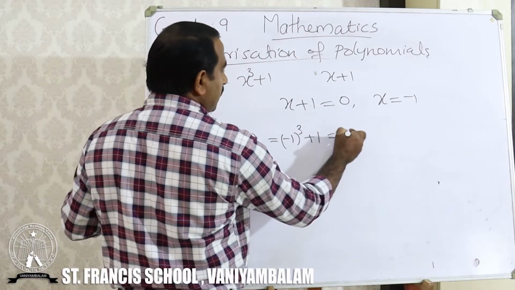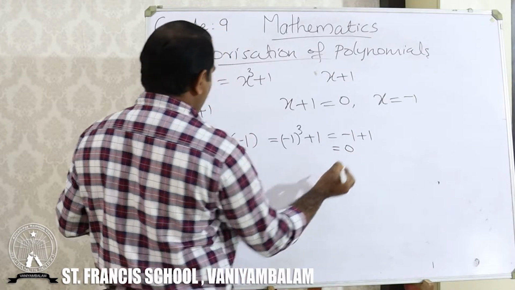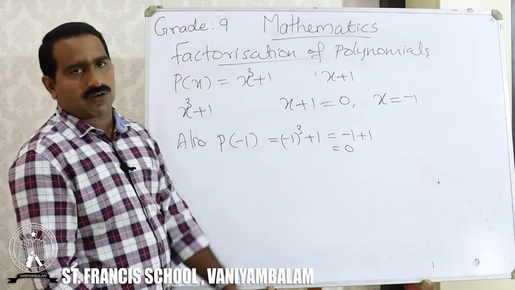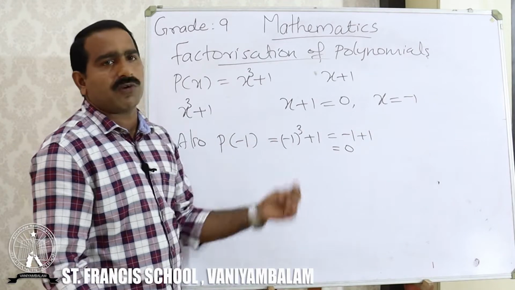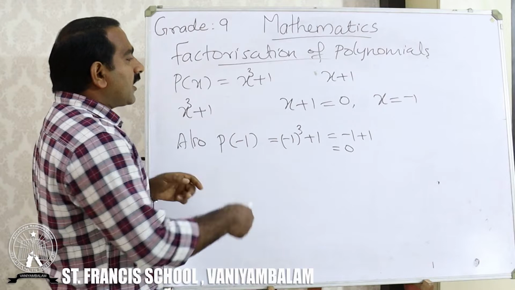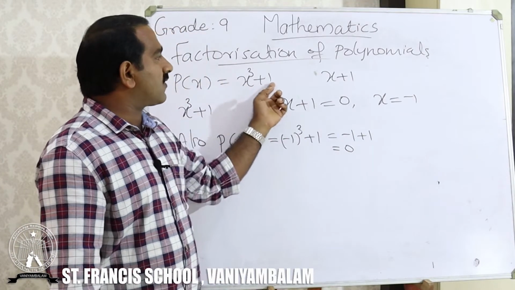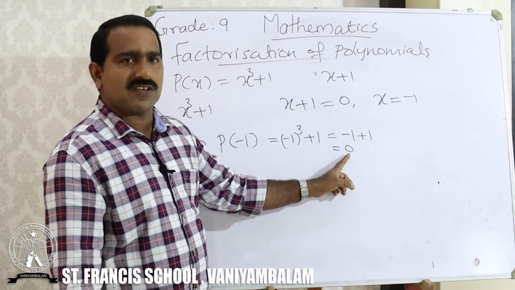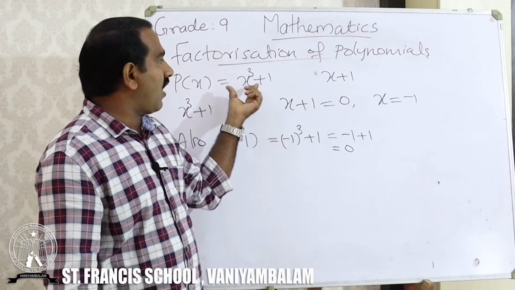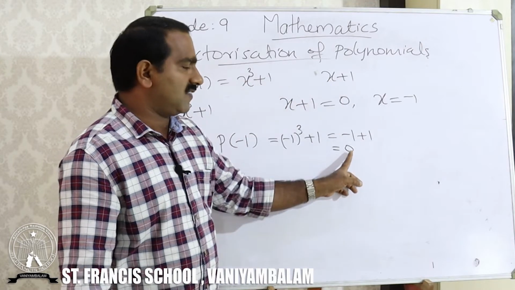Minus 1 cube is minus 1, plus 1. Minus 1 plus 1 we know is 0. So P of minus 1 equal to 0. We can say that the remainder obtained on dividing x cube plus 1 by x plus 1 is 0.